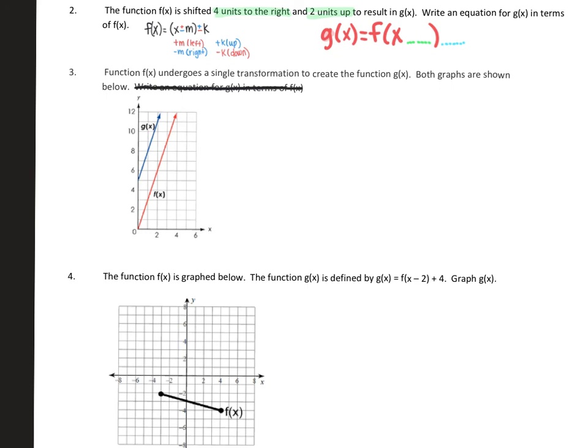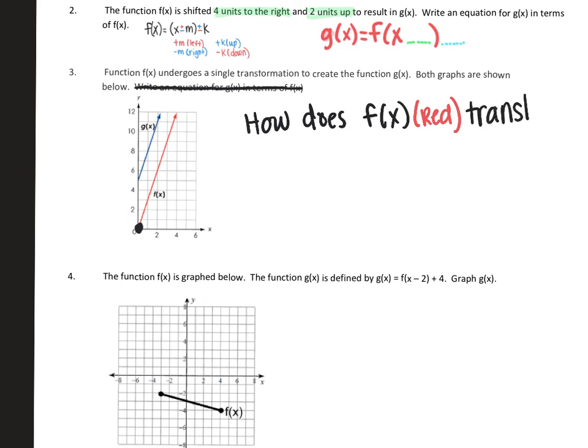We're starting here at f of x. What does f of x do to get to g of x? So how does f of x, which is the red equation, translate? How does it move?